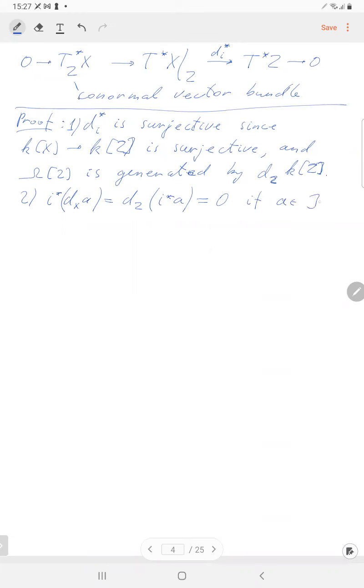J is the ideal defining z inside x, right? This means that the restriction of the differentials of this ideal is 0, and hence the composition of this codifferential with the first differential from the ideal to differentials on z is 0.